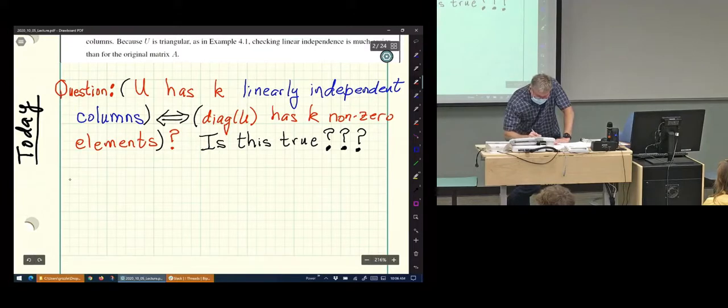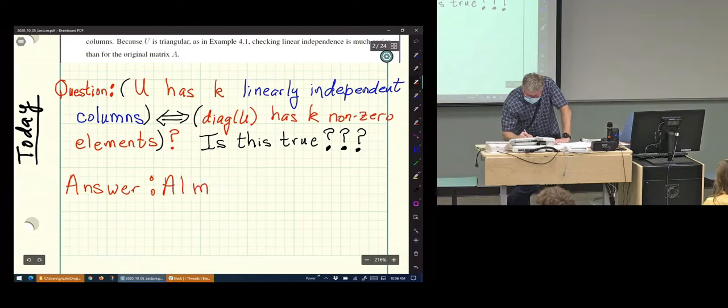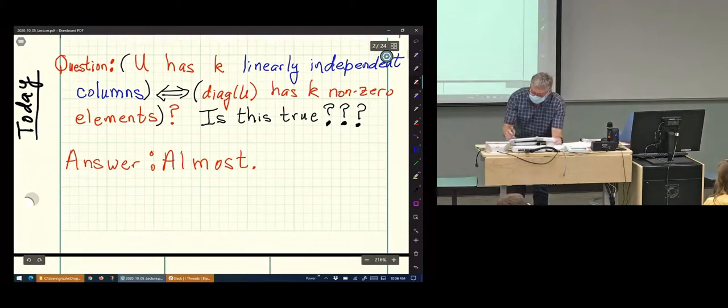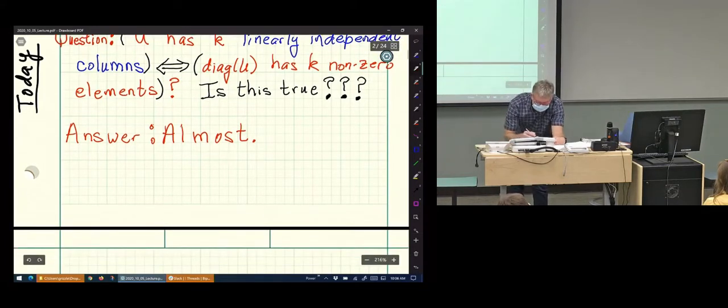Okay, so here's the answer. And the answer is almost true. So what does almost true mean? It's true under some easy conditions to verify.